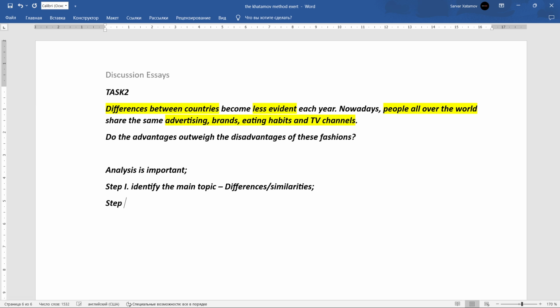Now, step 2 of your analysis is identify your subtopics. What are subtopics? For example, 10 years ago, 15 years ago, questions in the IELTS were relatively easier, but times have changed.